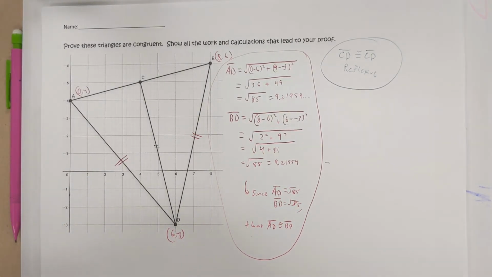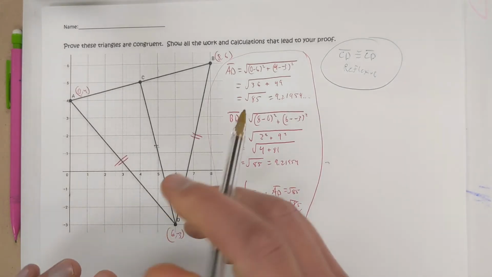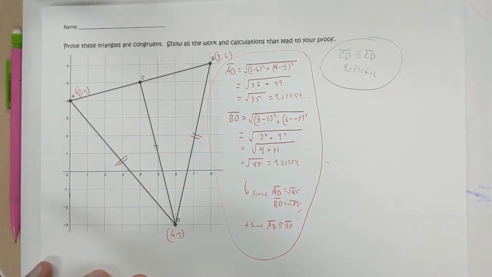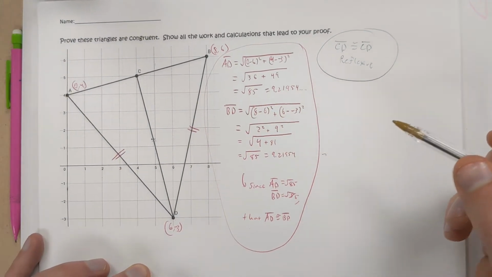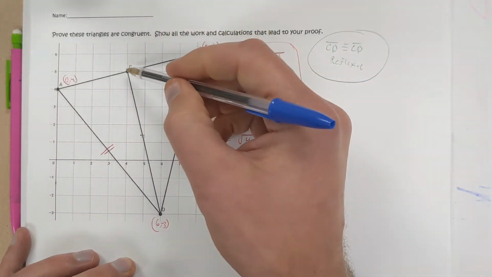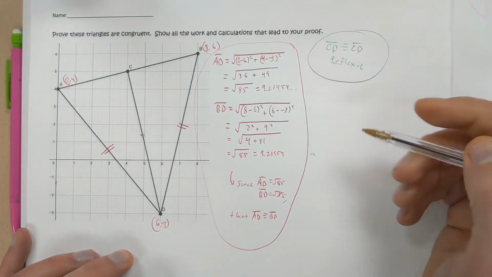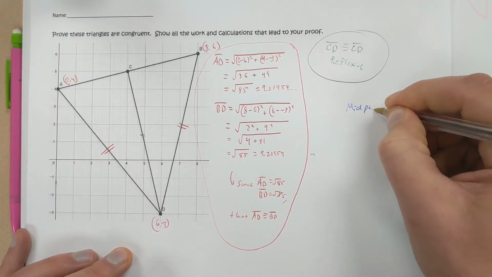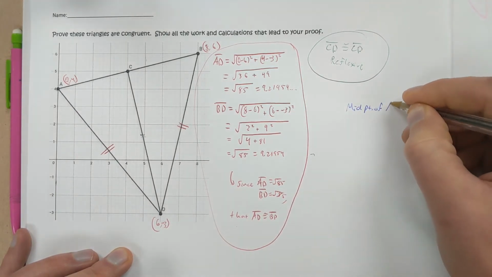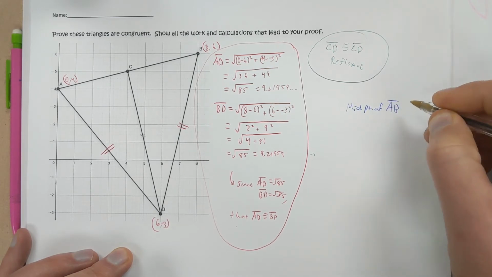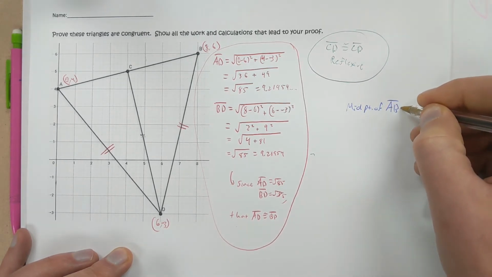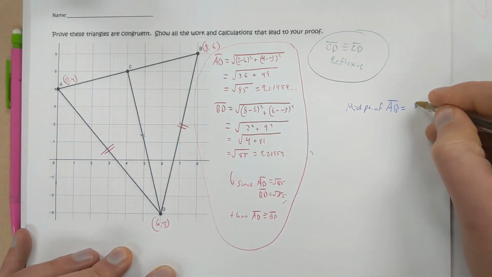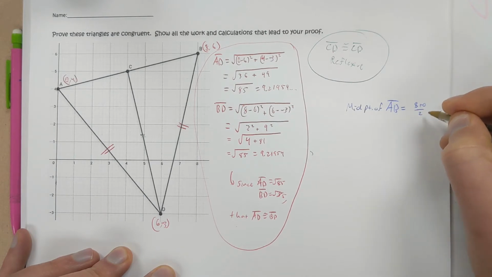Another thing we can do here is the same thing to figure out the distance from B to C and from C to A. I'm going to show you a different way though. C looks like the midpoint here. So let's check the midpoint of BA. I add the x's and divide by 2: 8 plus 0 over 2.